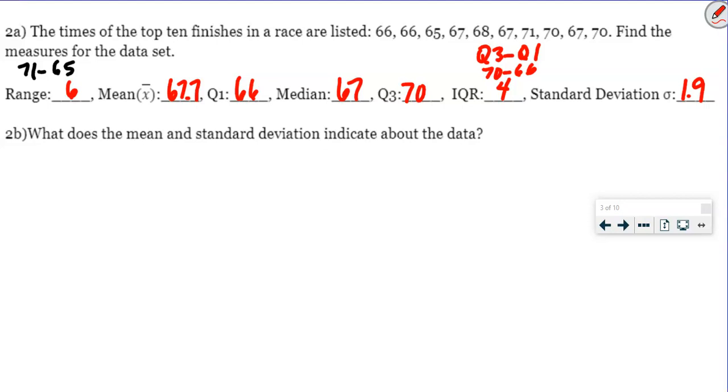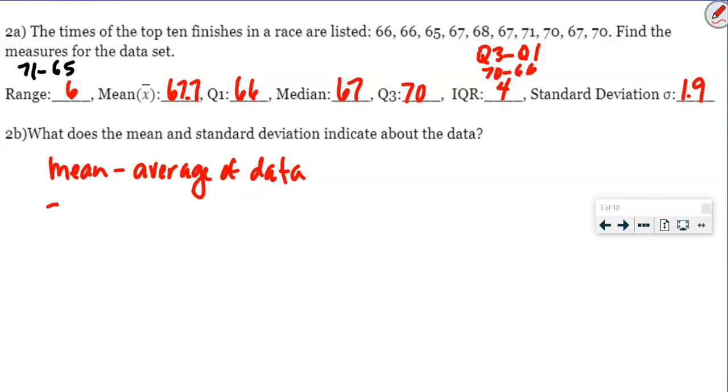Now it says, what does the mean and standard deviation indicate about the data? So the mean basically means that it's the average of the data. It's the average point. So we basically add them all together and divide by the number of items there are, right?